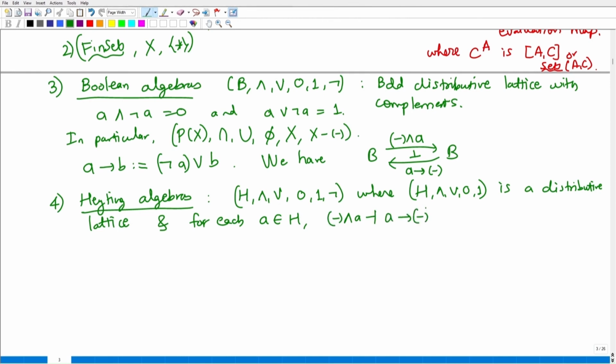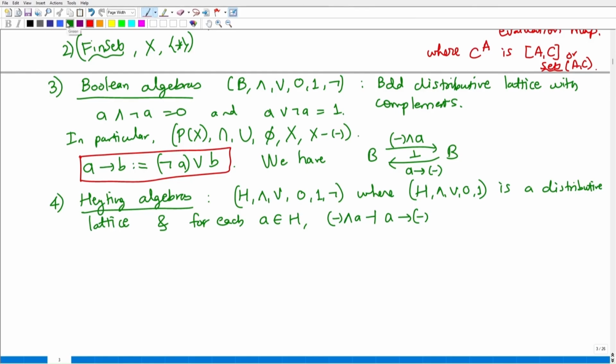So we are just picking out that property. What is missing in a Boolean algebra is this particular form of the implication. In a Boolean algebra, A implies B can be written using negation and join, whereas in a Heyting algebra, it's simply a distributive lattice which also happens to be a Cartesian closed category.